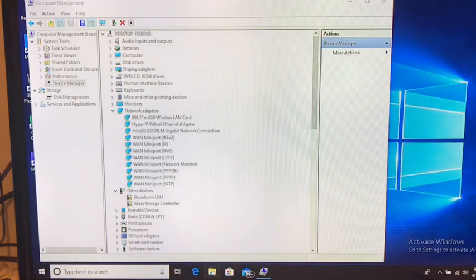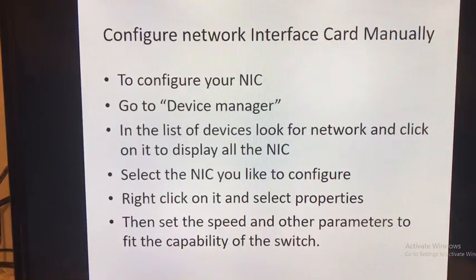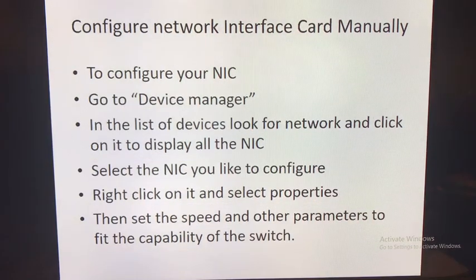Now we're going back to the presentation. So earlier, I was talking about the different properties in the network interface card and how to access the network interface card property sheet to change the setting of your network interface card. I was telling you about many different technologies included with your network interface card and how to access them, to activate them, to change them.